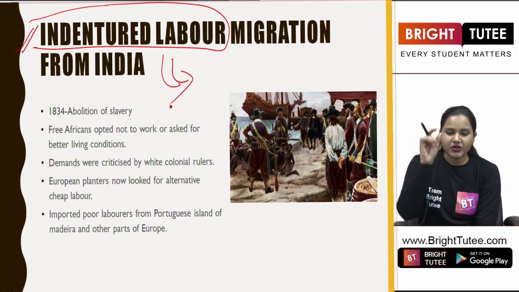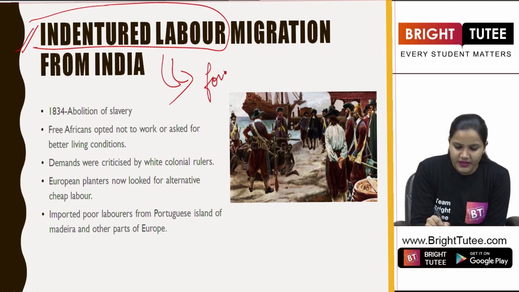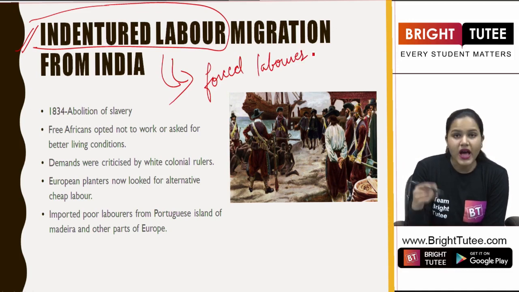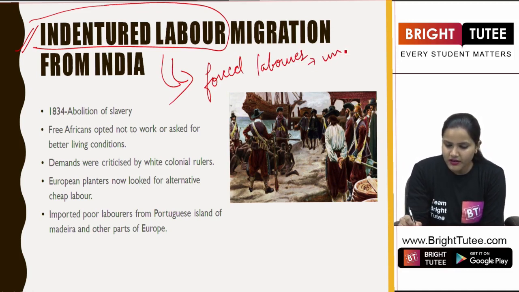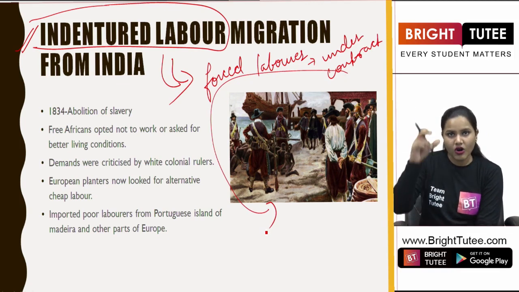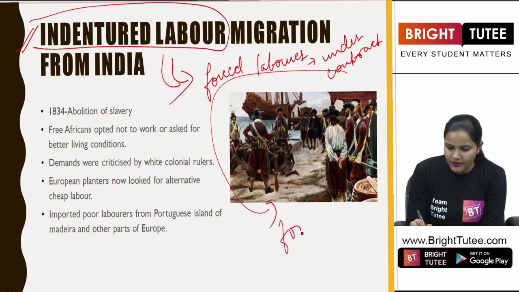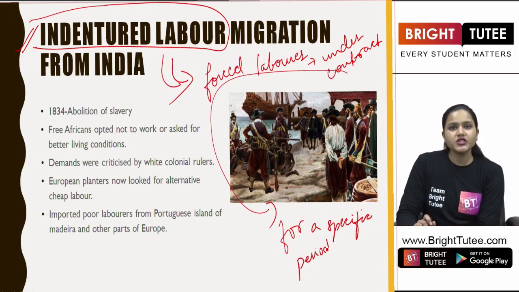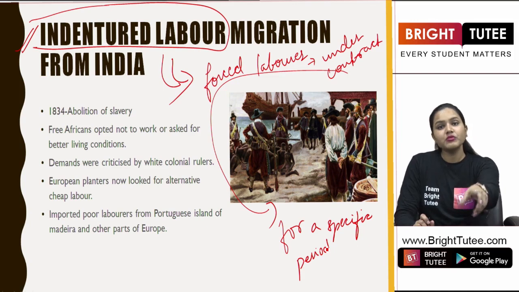Here indentured labor means the forced laborer who has to work under contract for his employer. And since this is a contract, it is for a specific period of time. So in this what happens students? Who are these indentured labor?